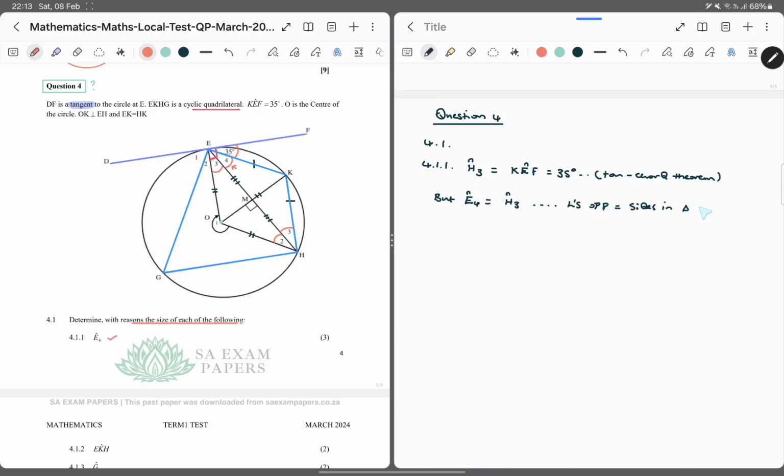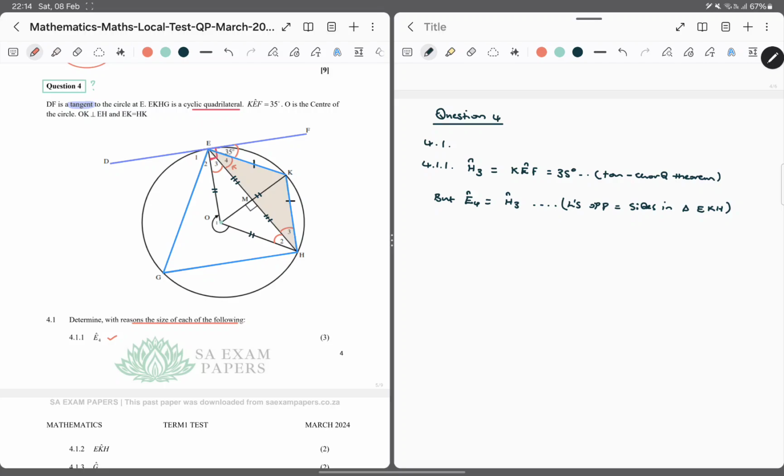In triangle EKH, right, because we saw that the triangle becomes an isosceles triangle. So we could see that this triangle is isosceles, given that EK is equal to KH.